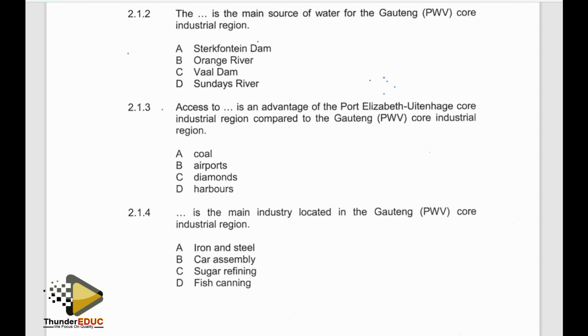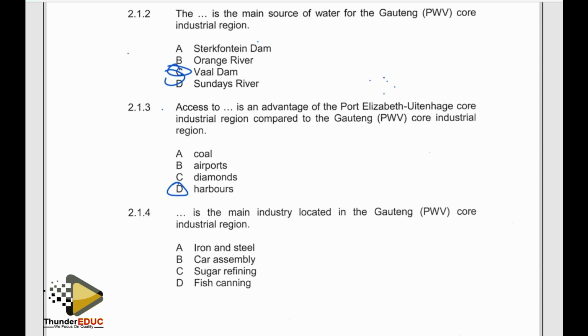Port Elizabeth Uitenhage has good access to the harbors, while Gauteng, remember, is inland and does not have direct access to the harbor. So harbors is an advantage that Port Elizabeth Uitenhage has over Gauteng PVW. So for this one, the response is D. And here the response is C.